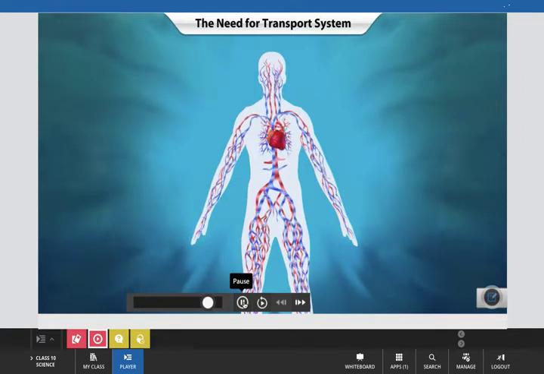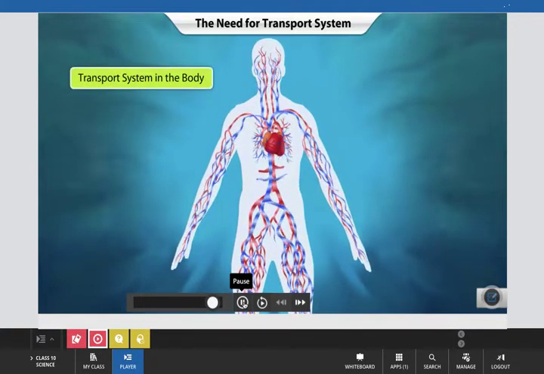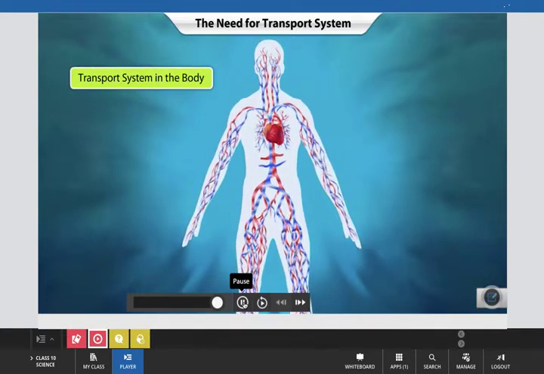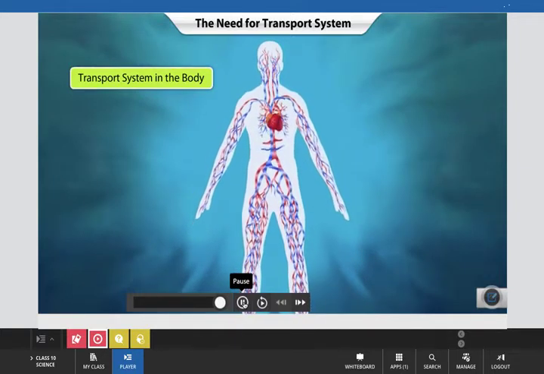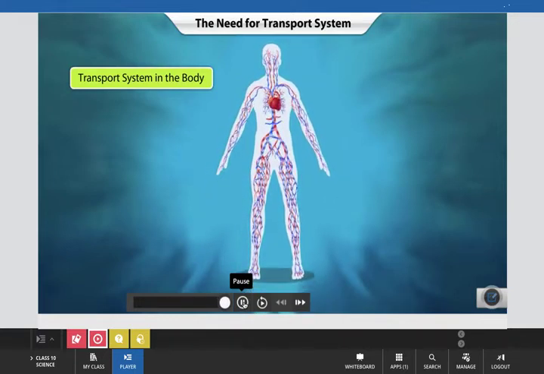You guessed it right. It is the transport system in the body that plays an important role. The transport system in the body is responsible for the supply of various substances to and from the various parts of the body.